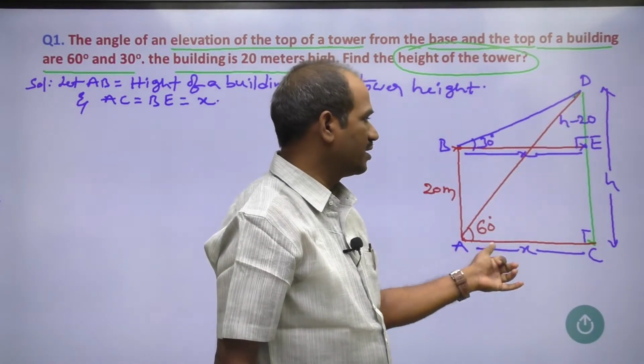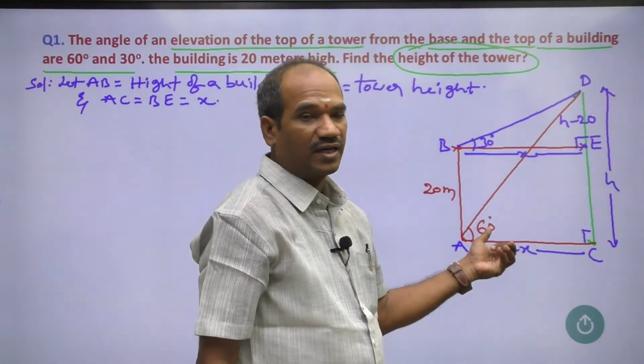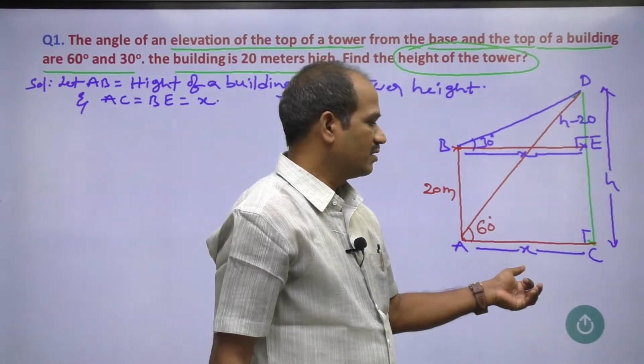See here, in the first triangle ACD, tan 60 is the opposite side by the adjacent side.